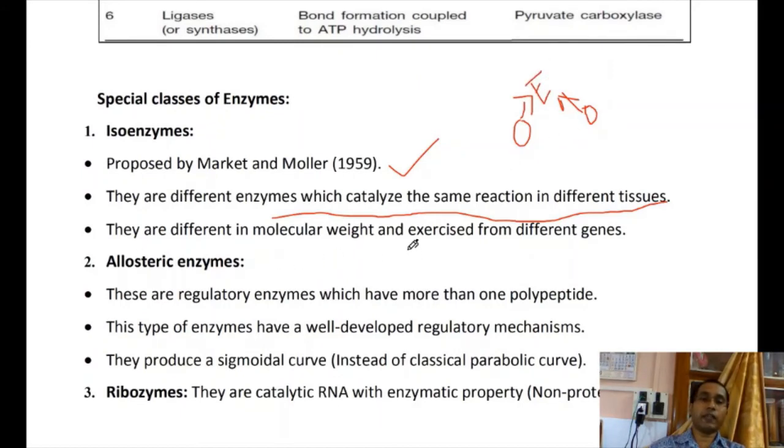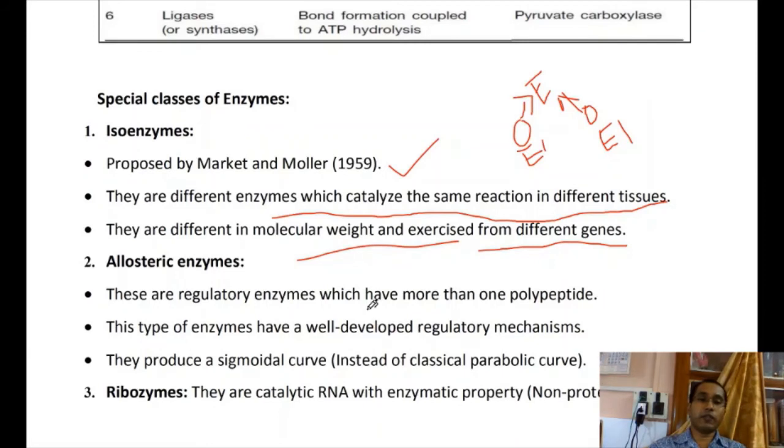They are different in molecular weights and expressed from different genes. So enzymes are different, but their functions are the same. Enzyme 1 and enzyme 2 work on two different tissues or organs, and their functions are the same.